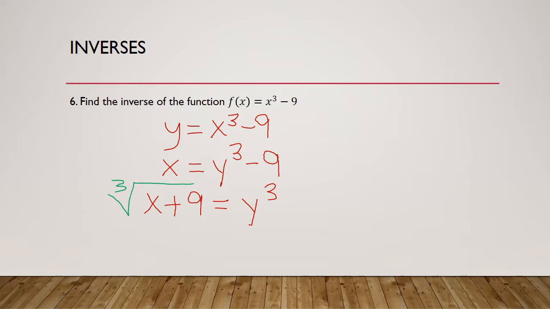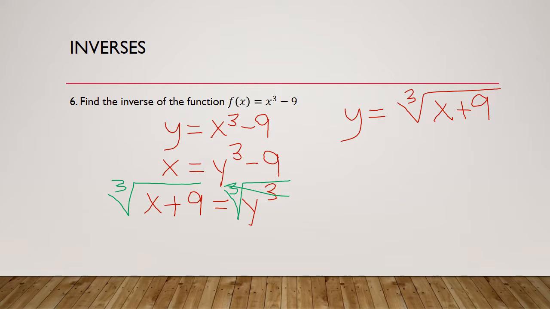So now cube root and cube cancel. On the right-hand side, I just have a y. And on the left-hand side, nothing cancels. So I have cube root of x plus 9.